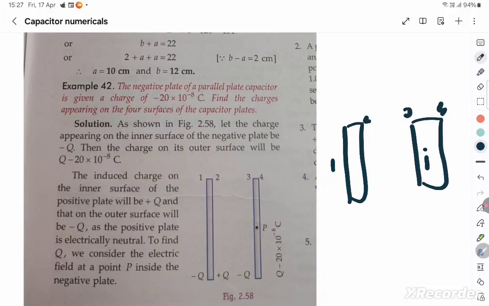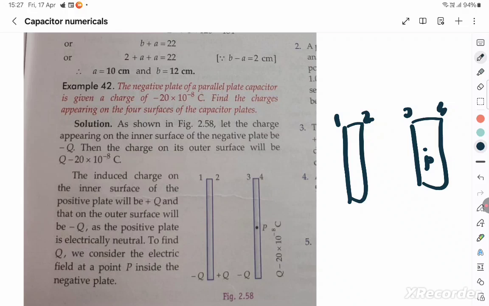He's taking this point P and the electric field here is going to be 0, because the electric field inside a conductor, you all know, is 0. So we're going to find out how the charge of minus 20 into 10 to the power minus 8 gets distributed across each and every surface.